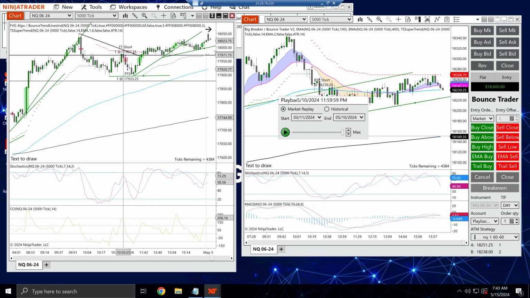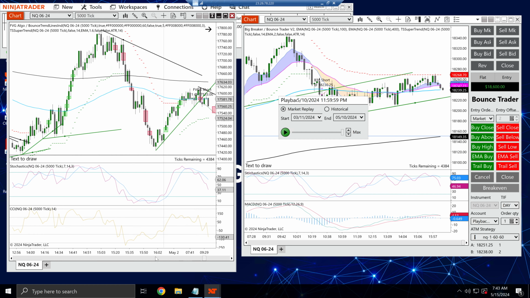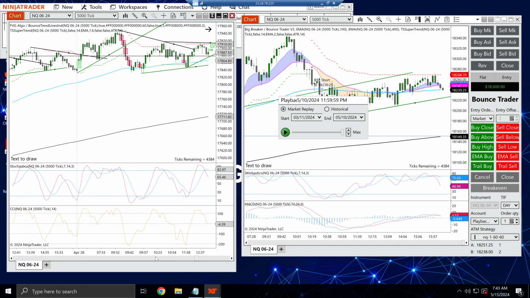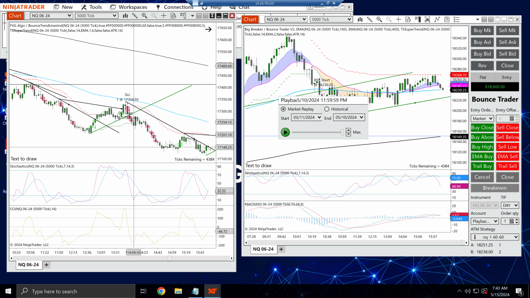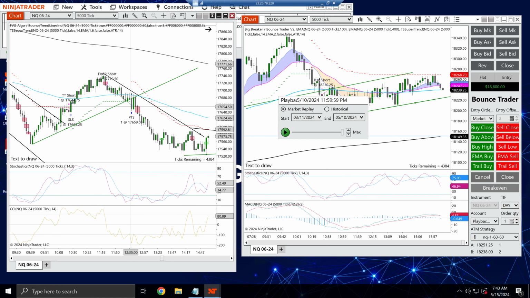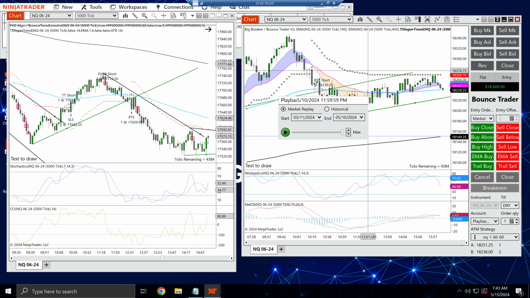Okay, so let's see another trade. This was CCI plus. This was the reversal. This was TT short as well, but this turned out to be a loss. Okay, and let's look at this one.